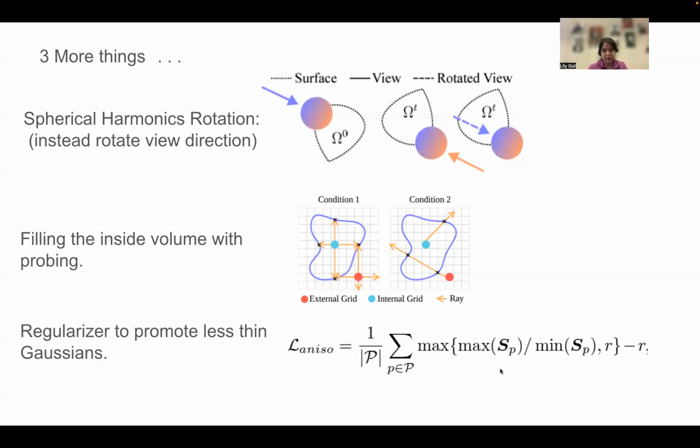So they use this regularizer that tries to minimize the ratio of the biggest to the smallest eigenvalue of the Gaussians, or the scales, yeah, the same thing.